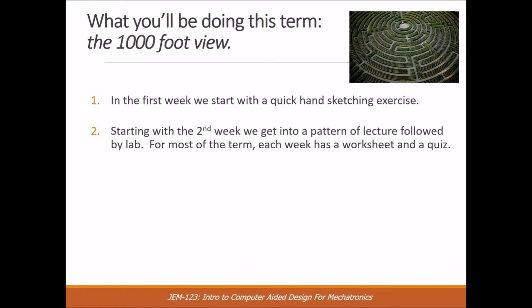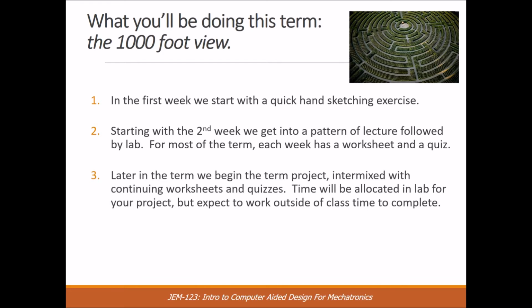For each week there'll be a worksheet and a quiz, and this will carry throughout until we get maybe half or 2/3 of the way through it, at which point you'll get the term project. We'll continue the worksheets and quizzes to somewhat lesser extent. You'll be given some time in lab for your project, but please, in order to do it well, you will be doing some work outside of class time to get the project done.